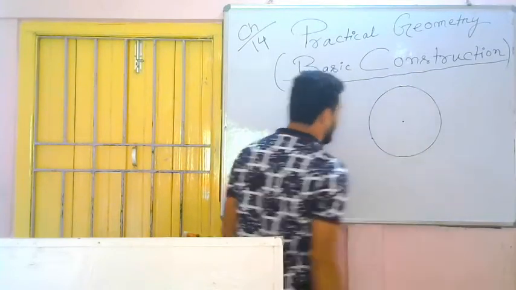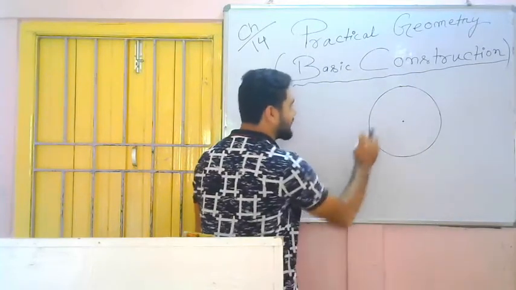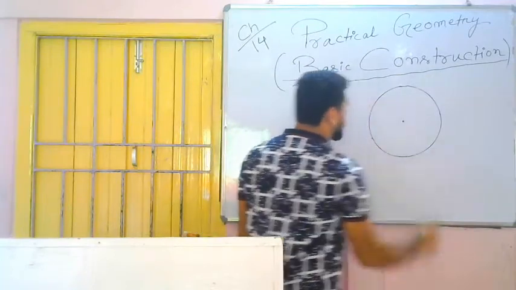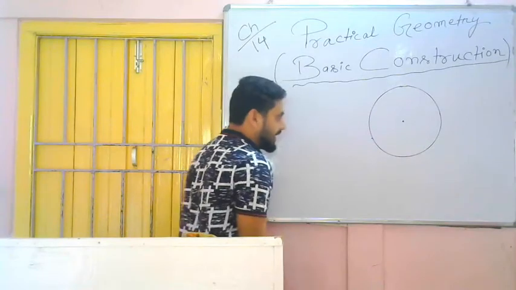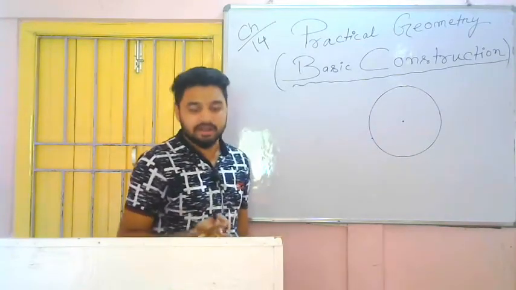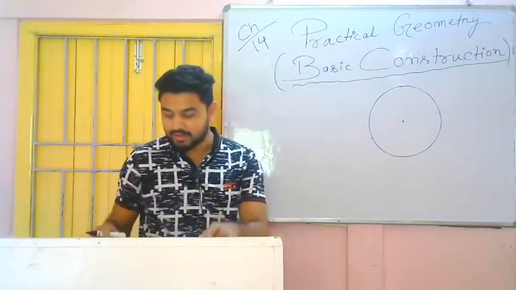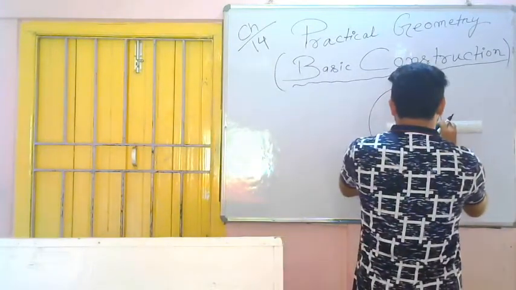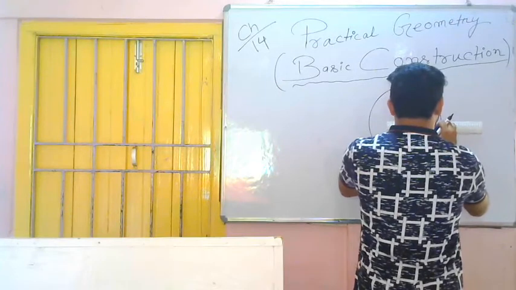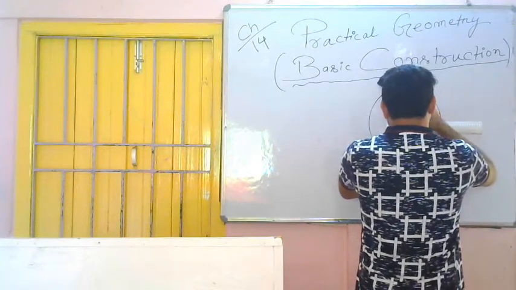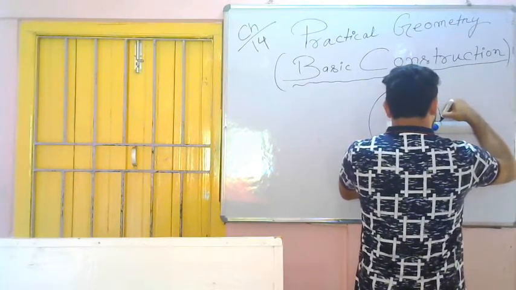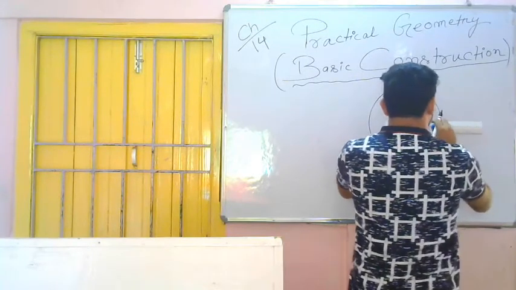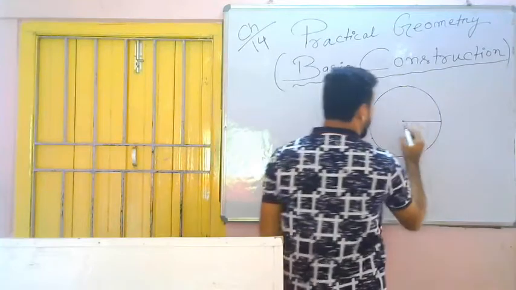Somehow I have drawn it to make you understand how to draw. So that is the center, and I have taken what? Radius 3.5. That means from the center this distance will be 3.5, and this distance will be 3.5, because this is the radius.